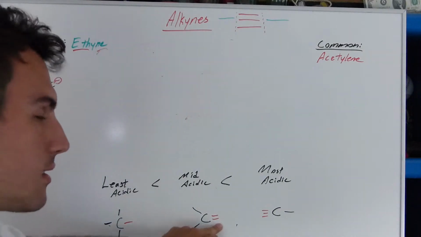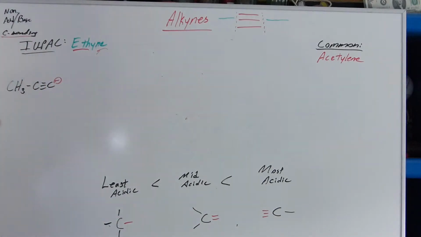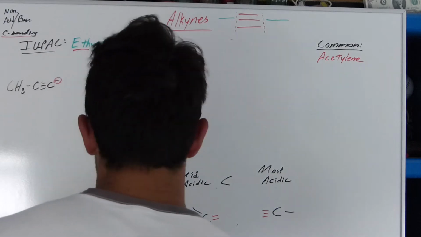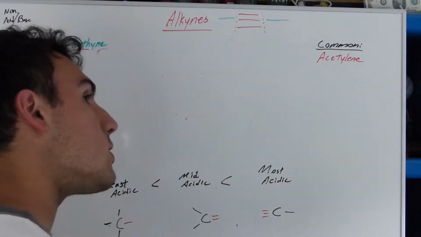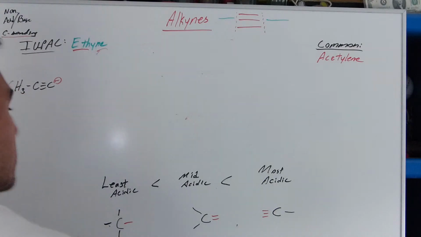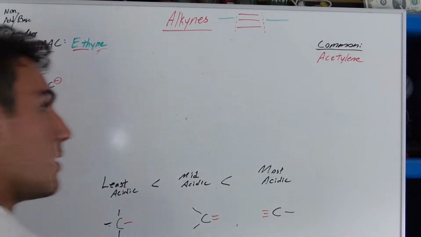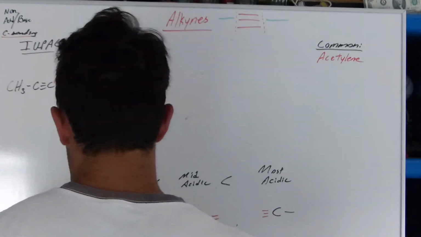Here is an alkene. Here's the alkyne, the most acidic. Why? Because it's such a strong bond. It's just like tug of war. It's also like what you learned with acids and bases earlier in organic chemistry and in general chemistry: hydrogen, OHs, and so on and so forth.